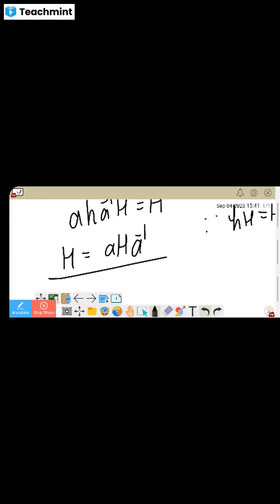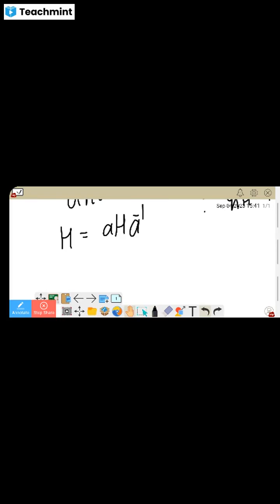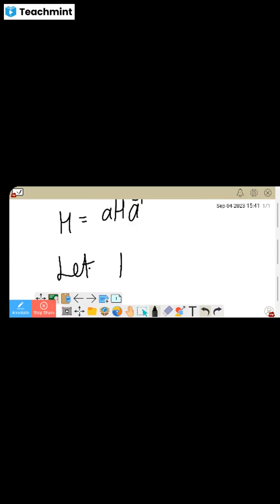Got it? So firstly, by first condition we have proved it, and now let us take second condition. Let H is equal to aHa inverse.